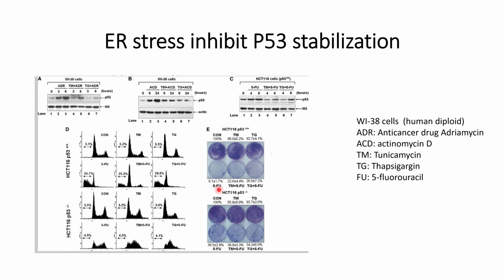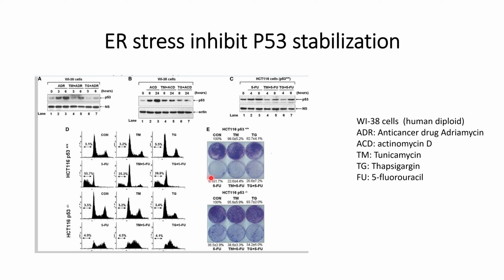However, when the cells are treated with 5 fluorouracil, we can see that the cell population is reduced dramatically. However, when the cells are treated with thapsigargin and tunicamycin, the cell population is more compared to the control cells that are treated with 5 fluorouracil.